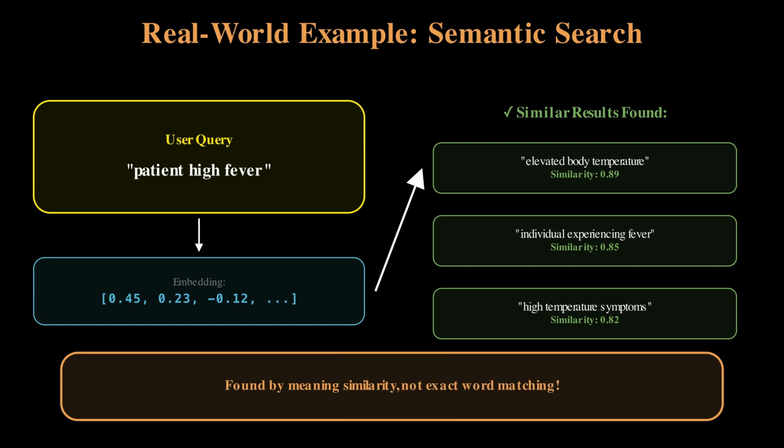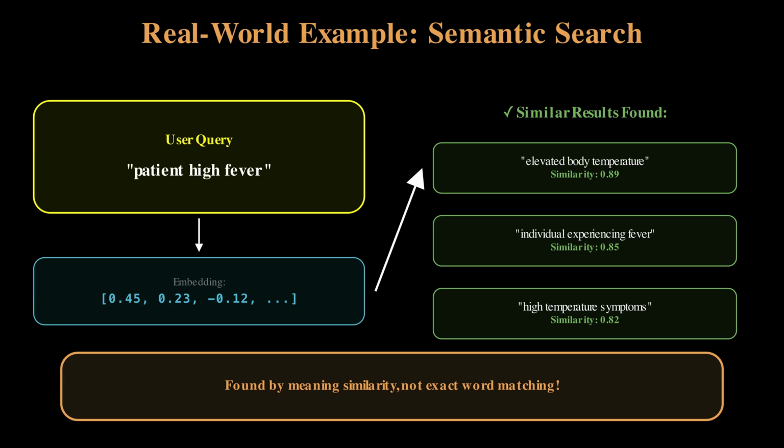Imagine a user searches for "patient high fever." First, this query gets converted into an embedding, a vector of numbers. You can think of a vector as a simple list of numbers, like coordinates, that represent the meaning. We will dive deeper into vectors soon. For now, just think of it as the numerical representation of the text.